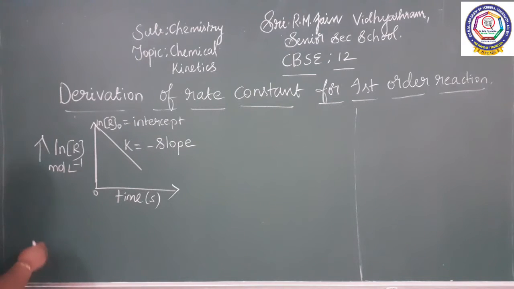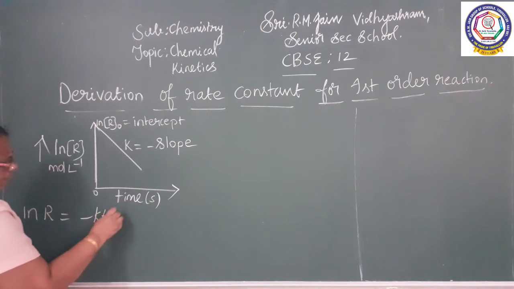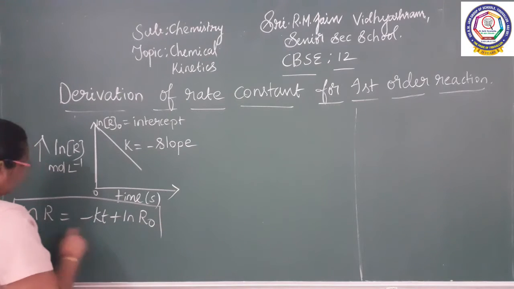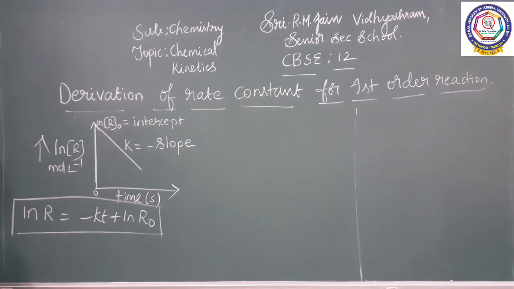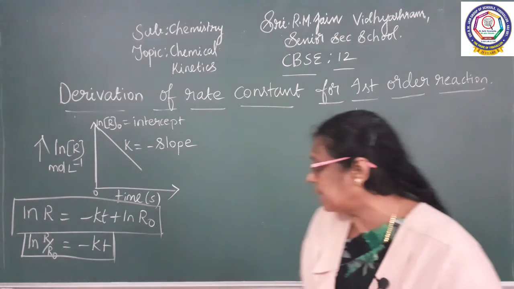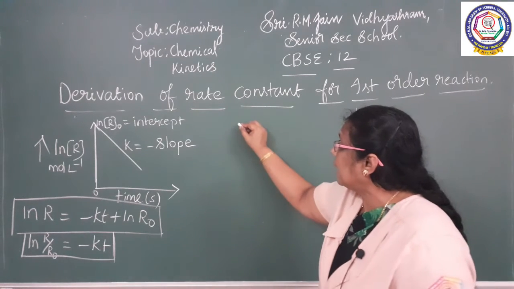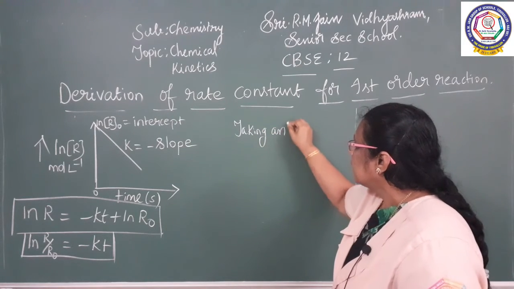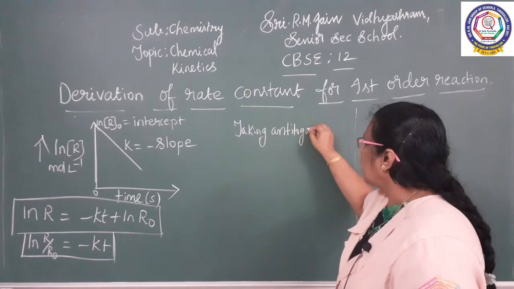Already I told you ln r is equal to minus kt plus ln r naught. Rearrange: ln r by r naught is equal to minus kt. What is the next step we are going to see?